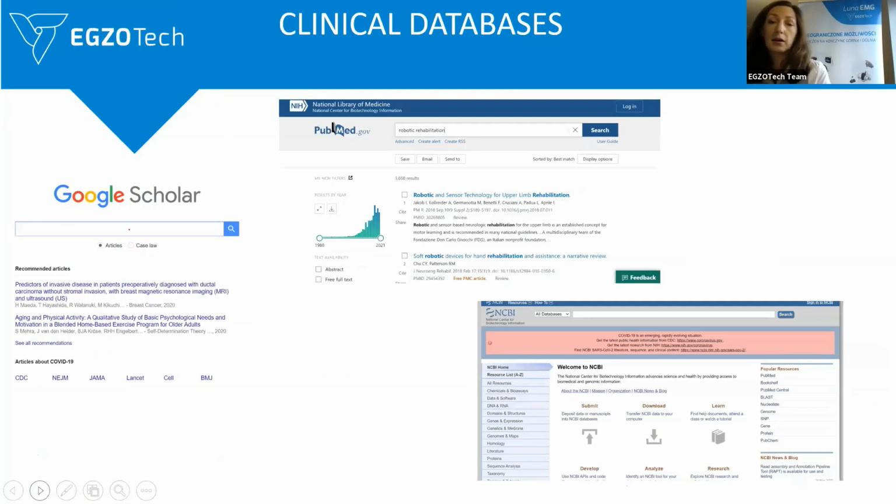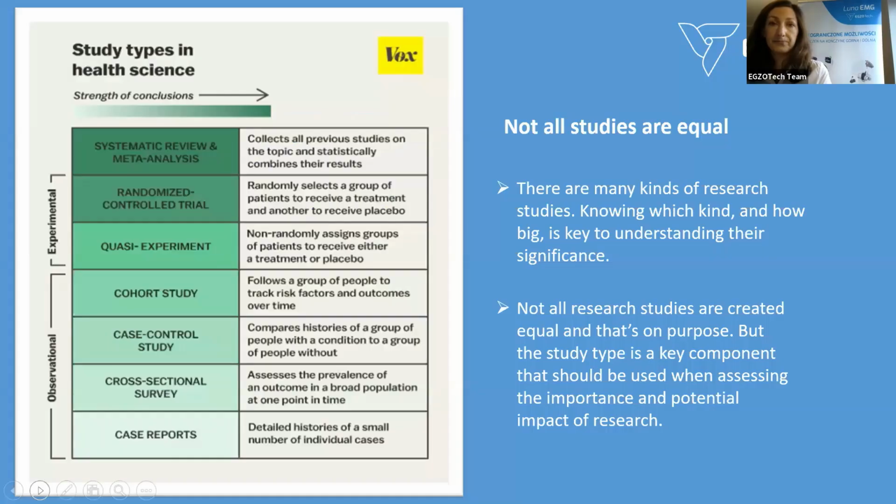The most popular is PubMed, and you can also use Google Scholar, and also there is the NCBI, the National Center for Biotechnology Information, and they all combine evidence-based medicine articles and publications to which you can compare your study, or which you can have as an example of the possibilities of your research.